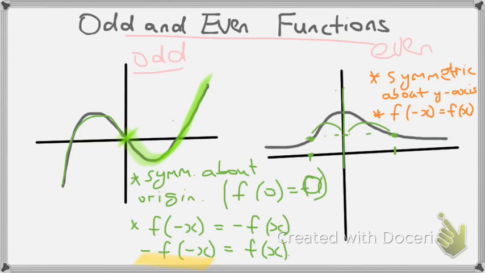Again, it's the same kind of idea. If you pick an x value over here, and you pick the negative of it over here, they should have the same size, but just be negative versions of one another, because this is going to be rotated 180 degrees to land there. And this must be true for the full domain of the function, otherwise it's not odd or even.